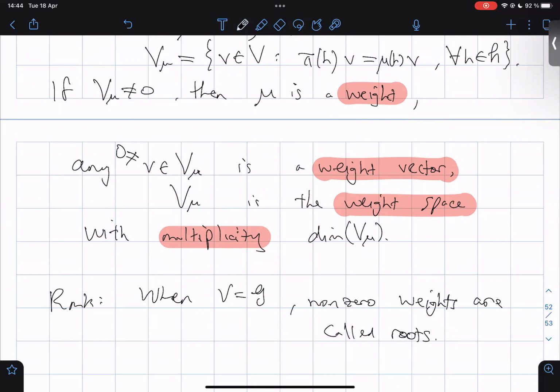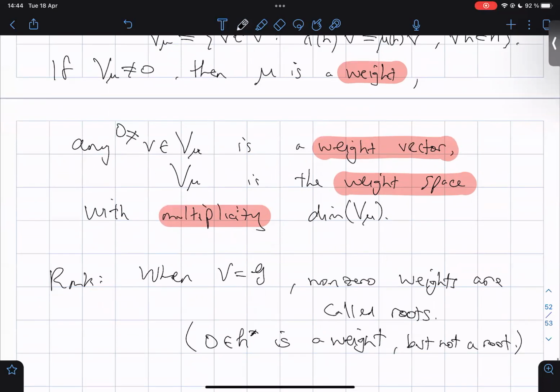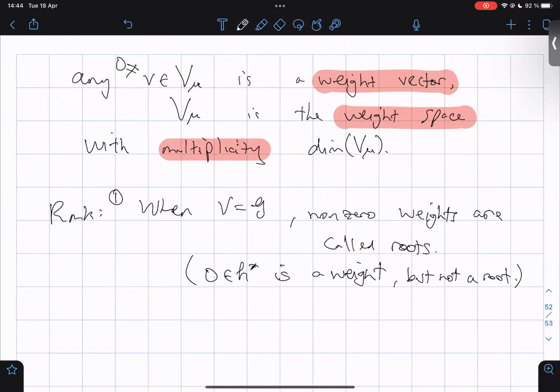Okay, so we already saw that 0 is a weight, but by convention, it's not a root.